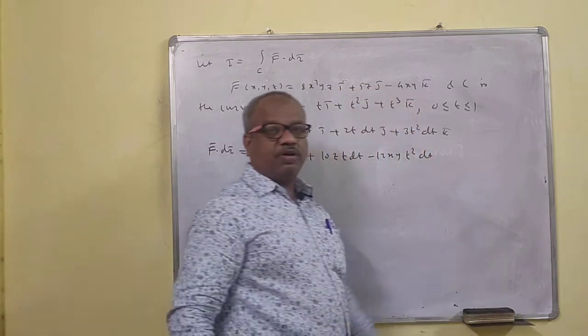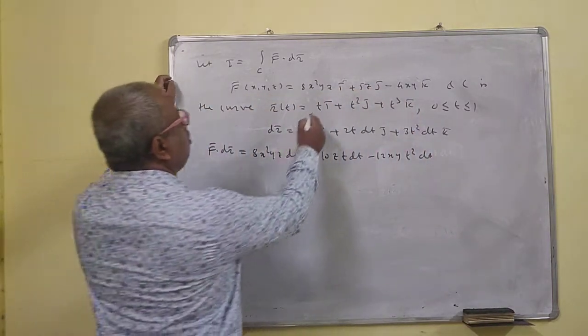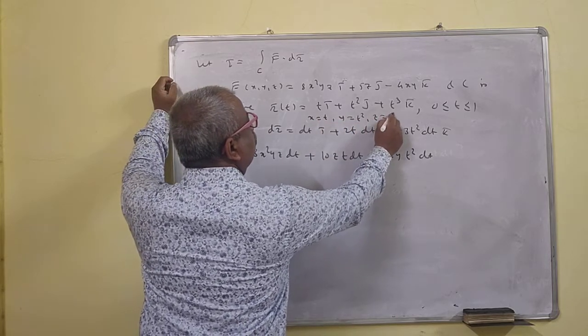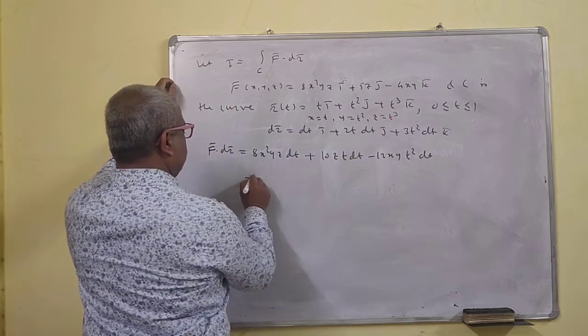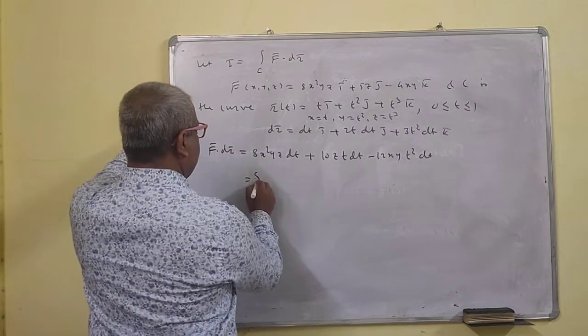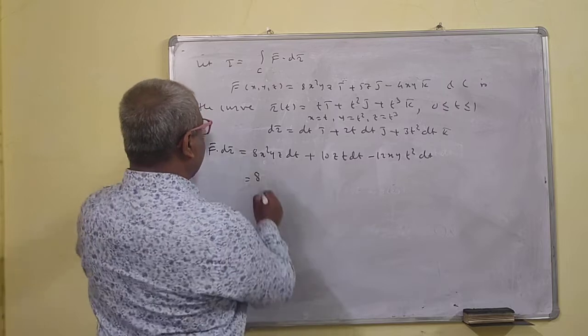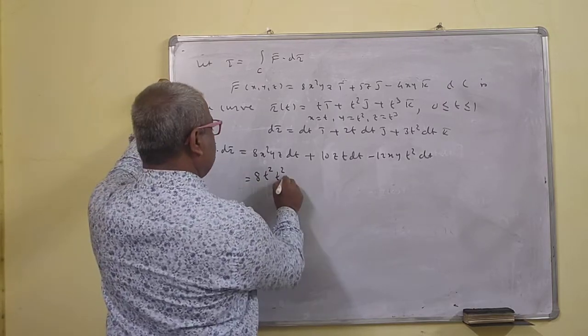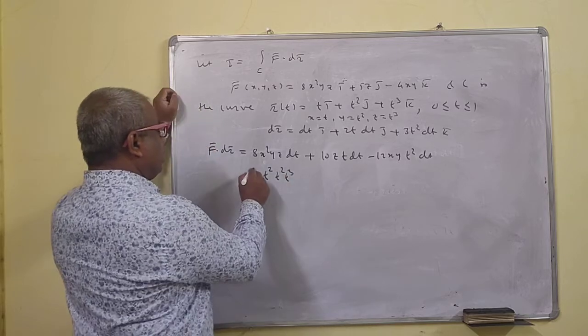Okay, now we put the value of x, y, z. So x is t, y is t square, z is equal to t cube. So we'll put here now. So 8, x square means t square, y is t square, z is t cube. I will take dt common now.